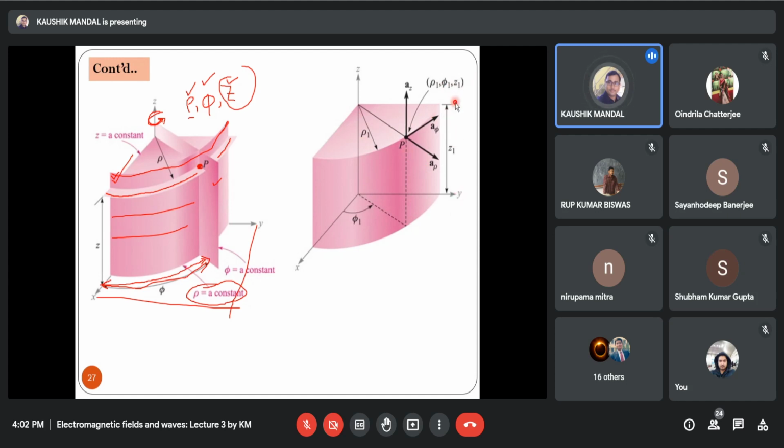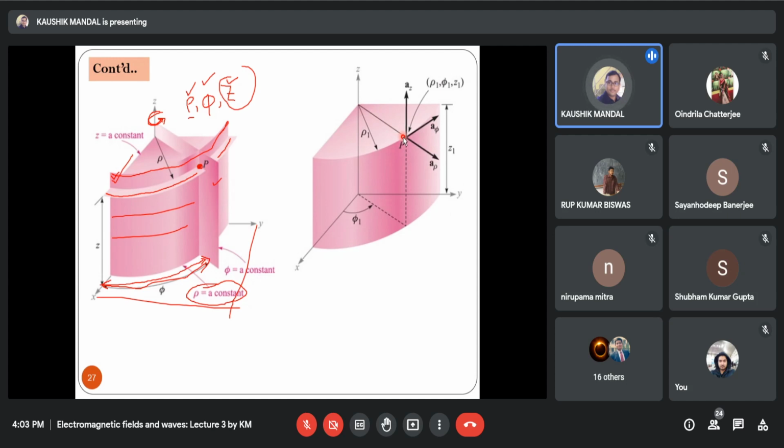Now, by the same rule, to find out the unit vector at this point, how will you be able to draw the unit vector? What did I say about how to draw it? You just extend the corresponding axis by a small amount. So rho is the radius of the cylinder.